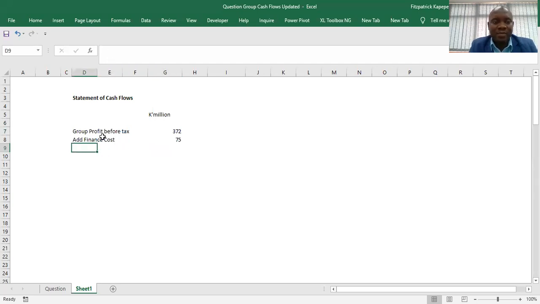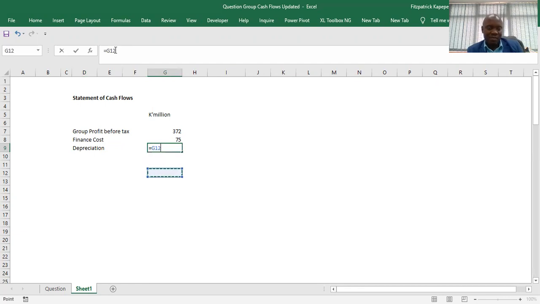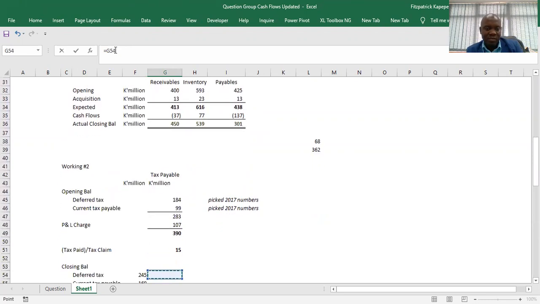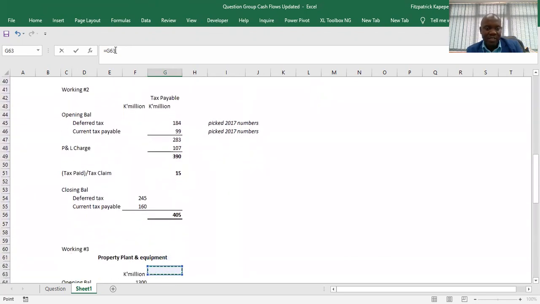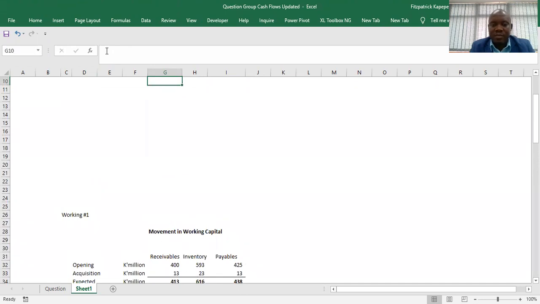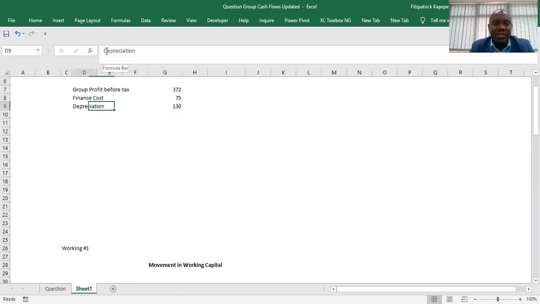What else? Even if I don't put the add, you'll be able to see the polarity of these numbers. Depreciation, this is a non-cash item. We have depreciation somewhere, and that's depreciation. Impairment.